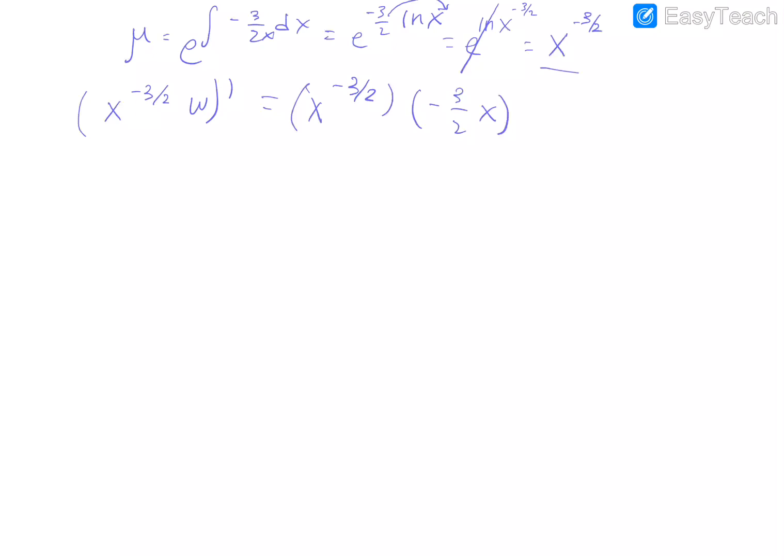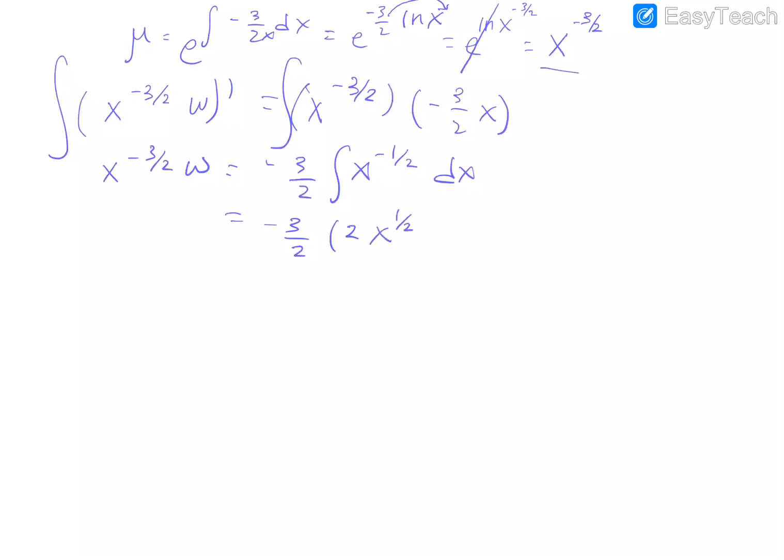Alright, so we want to isolate our w. So what we'll do is integrate both sides. And when we do that, that derivative cancels out, and we'll just be left with this equal to negative 3/2. Okay. And the integral of that piece will be, don't forget your constant.